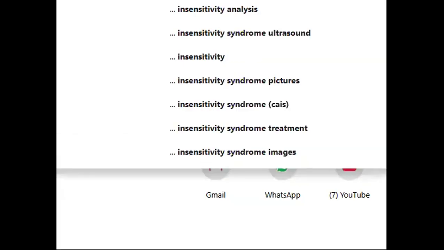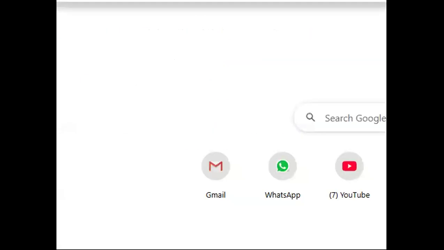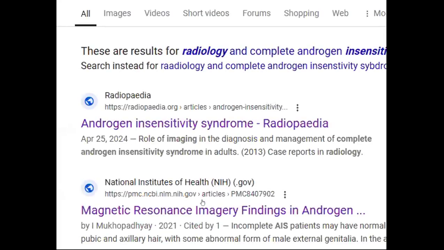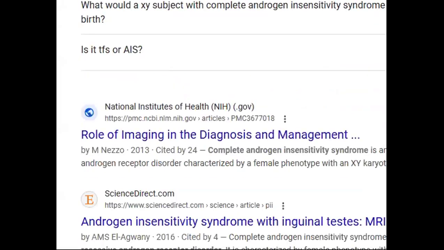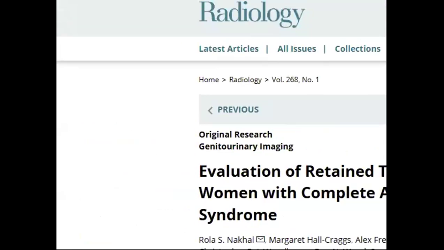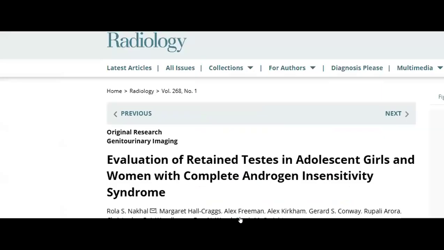They don't descend normally because they're not responding. They have very high levels of testosterone, but they're not responding. So they can present with primary amenorrhea, or they can present with undescended testes. Those testes would be either intra-abdominal or in the inguinal region.